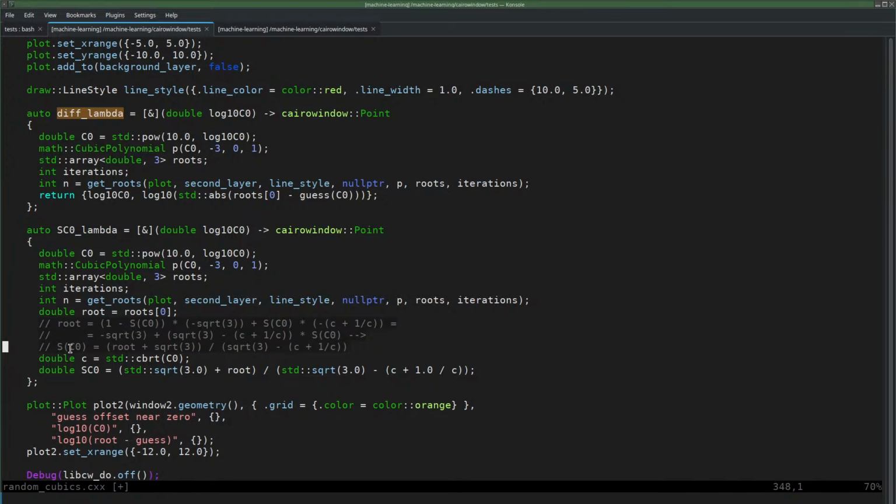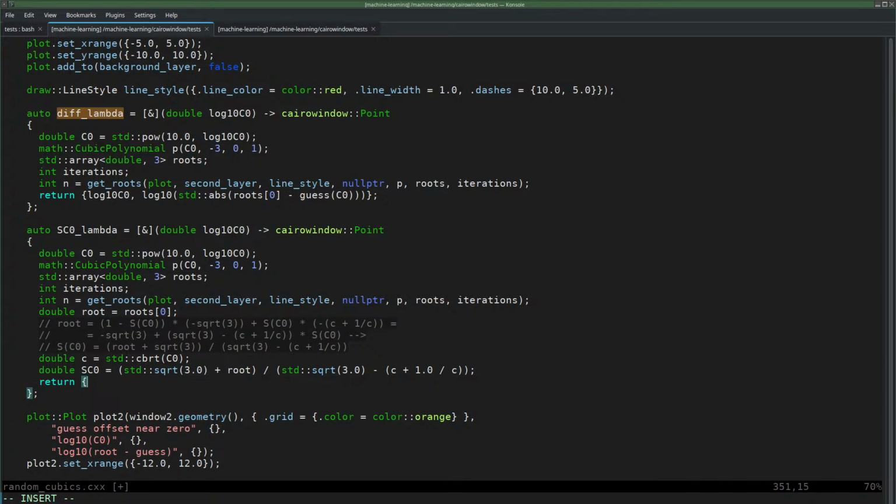For a very large C0 this is 1, and then this is 0, so the root indeed becomes equal to that thing, obviously, but that means that I didn't make a mistake in these two lines. And for a very small C0, the root is going to become equal to minus the square root of 3. So then this is 0 and this S becomes 0. So yeah, that looks completely correct.